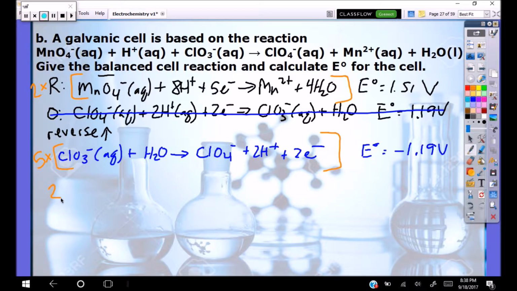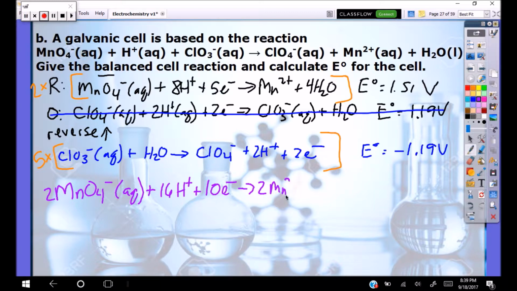That's hard to read. Let's pick a different color. Let's do purple. There you go. 2 MnO4 minus aqueous plus 16H plus 10 electrons, and we've got 2 manganese 2 plus and 8 waters.